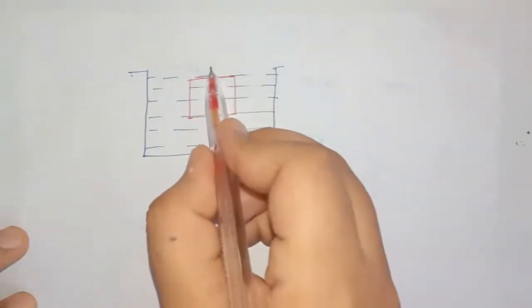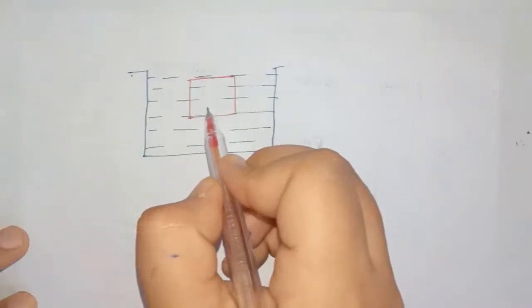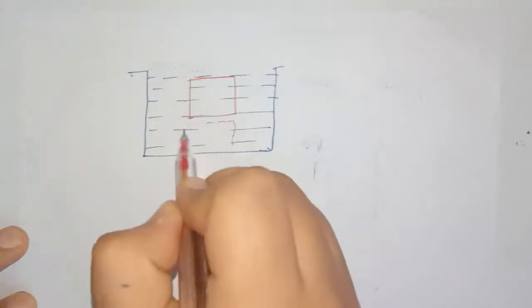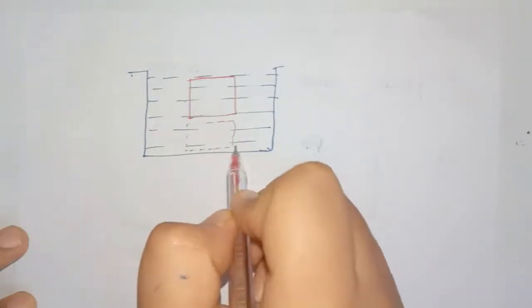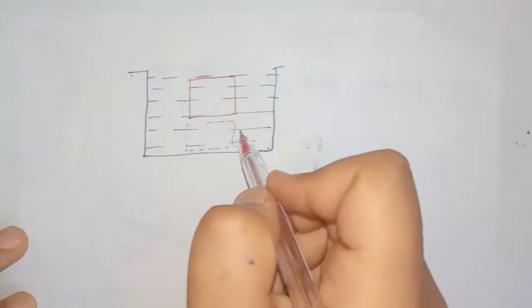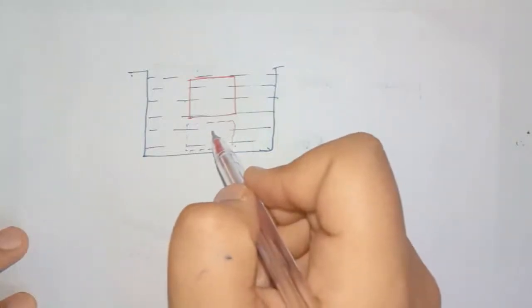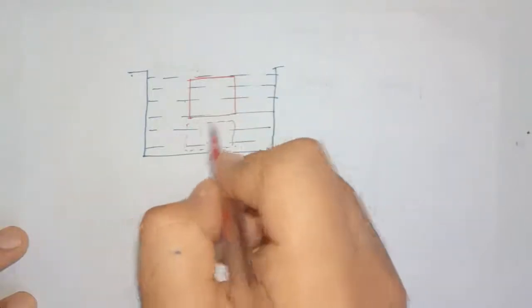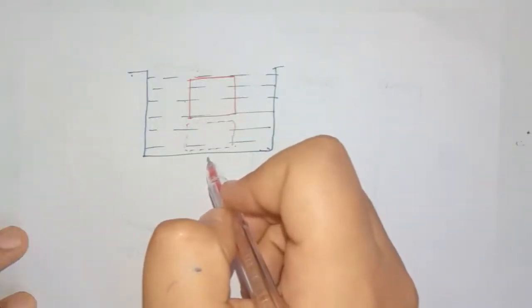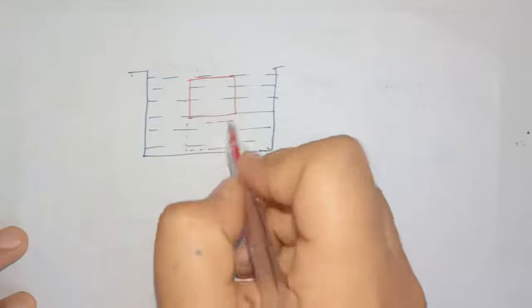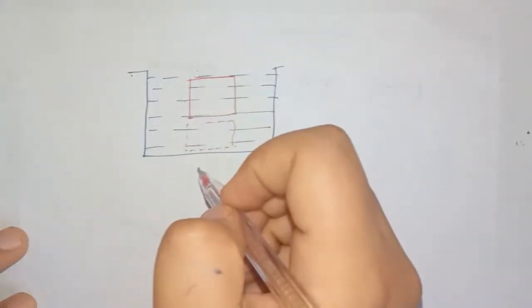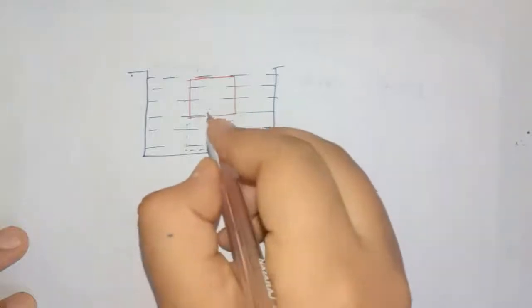Even if we push this object in the downward direction with some force and move it to this point, the moment we remove the external force, it will not go further down or further up. It will be at that point only. So we can say that this body is in equilibrium at any point inside the fluid.